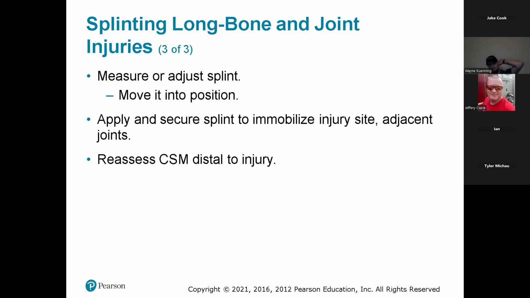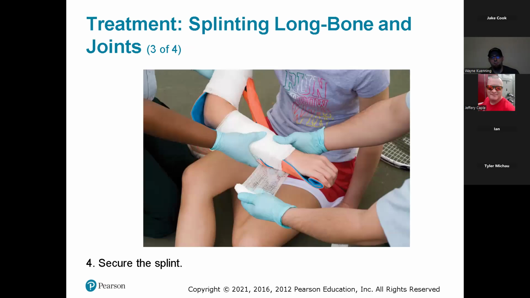I like to utilize the patient's opposite extremity to mold a SAM splint, because obviously it's not injured. You're not going to cause them a whole lot of discomfort sizing it to their opposite extremity. Apply and secure it, and then check your CSM again. That's how you're going to know whether your splinting is too tight.